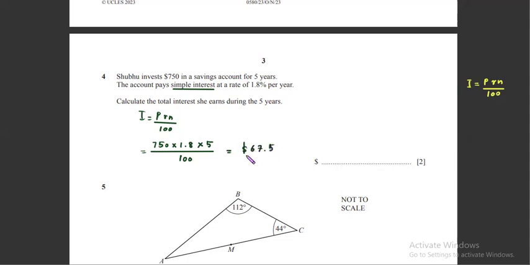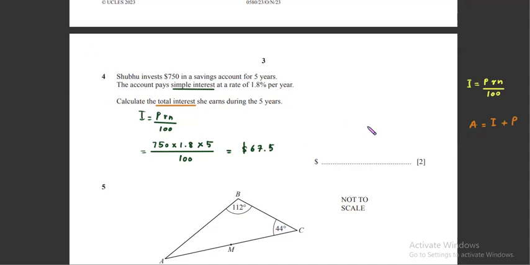This is the total interest, because we're asked to calculate the total interest. If we are asked to calculate the total amount, in that case, this interest should be added to the principal amount. So the amount that was invested and the interest that we found should be added together to calculate the value of the investment, that is the total amount.